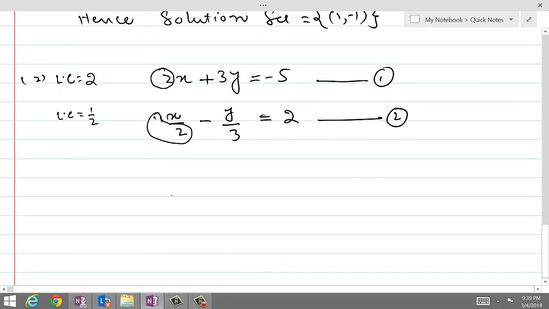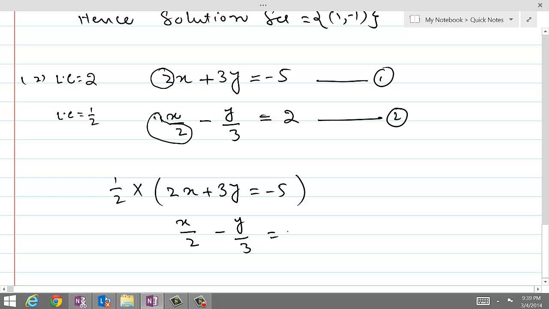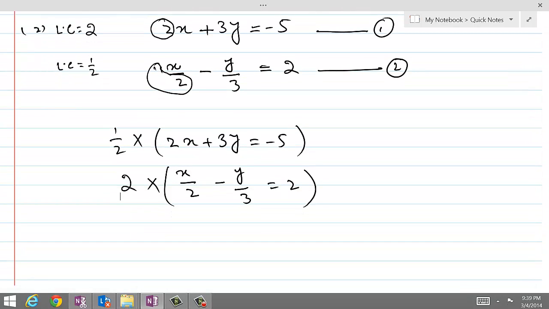Means that 2x plus 3y is equal to minus 5, and this whole equation will be multiplied with 1 over 2, and the second equation, x over 2 minus y over 3 equal to 2, this whole equation will be multiplied with the leading coefficient of equation 1, which is 2 here.